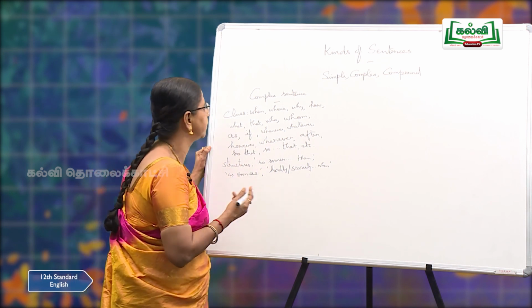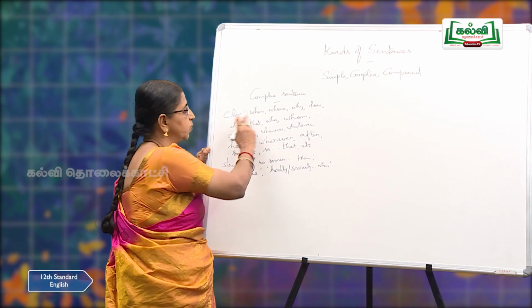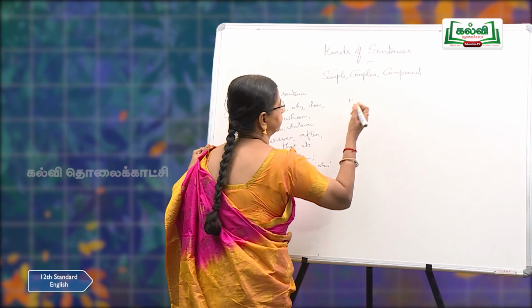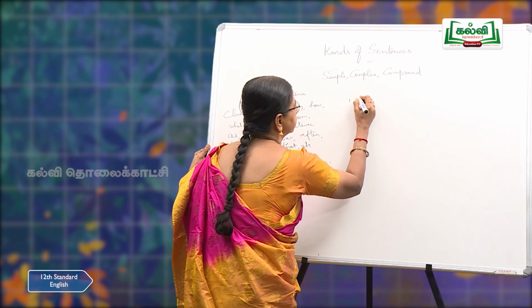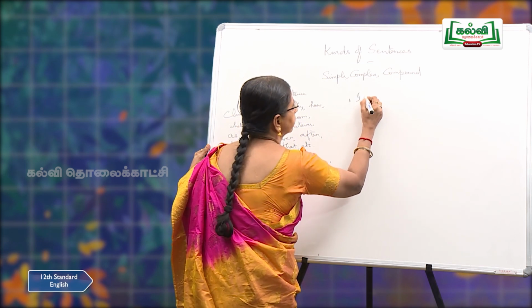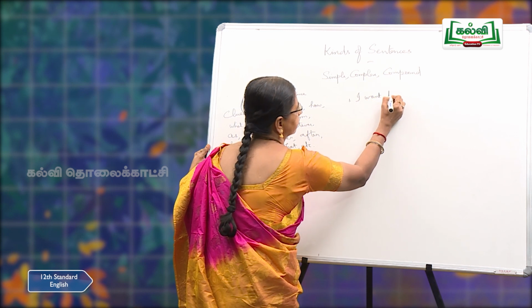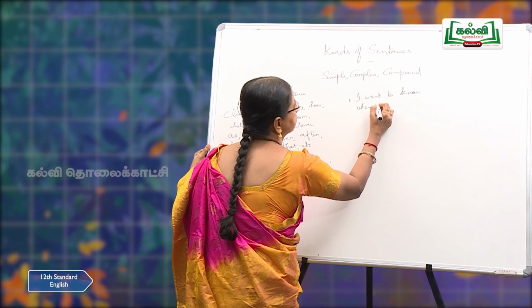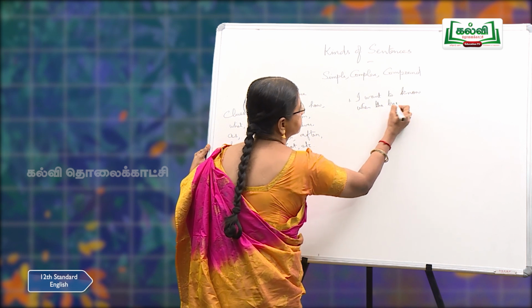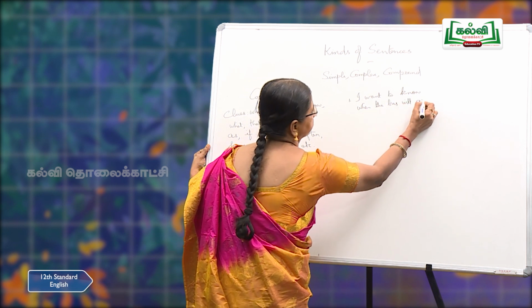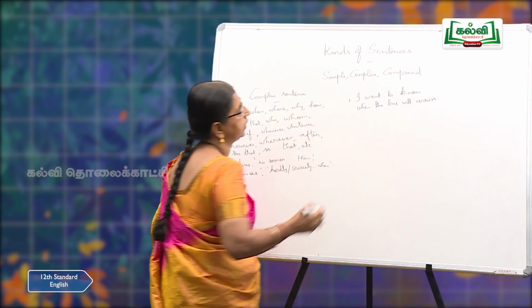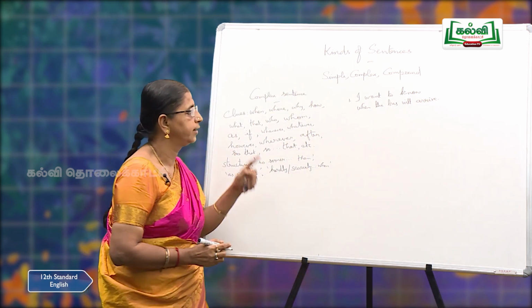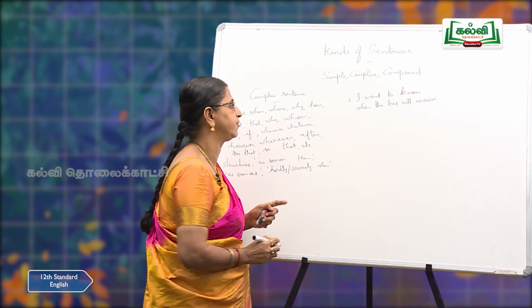Now look at the first one. I will consider this word when. I want to know when the bus will arrive. Now, what did I tell you? Immediately find out the number of finite verbs.